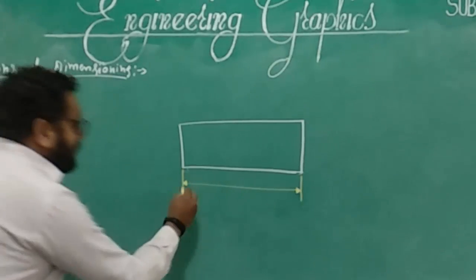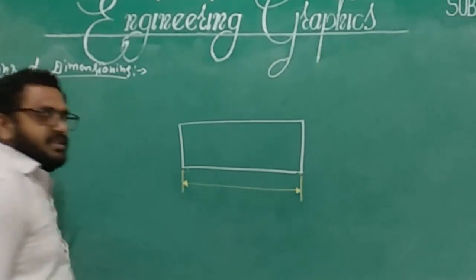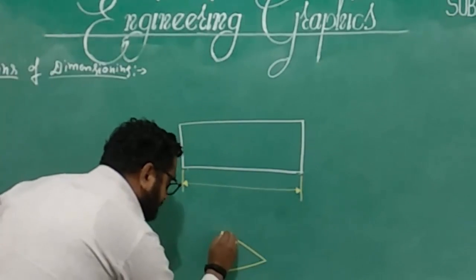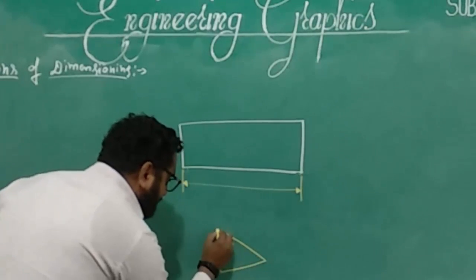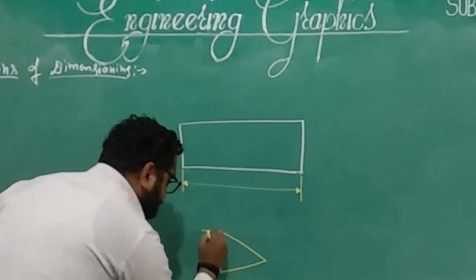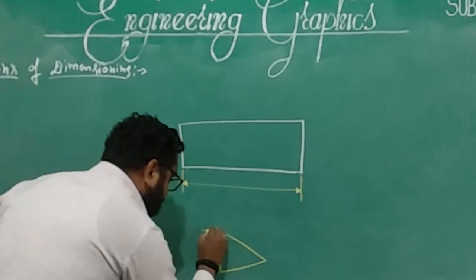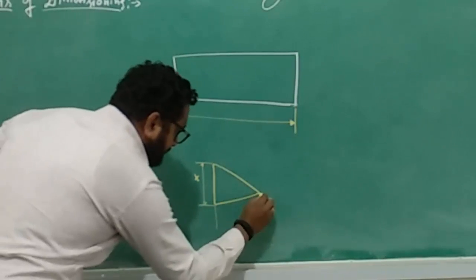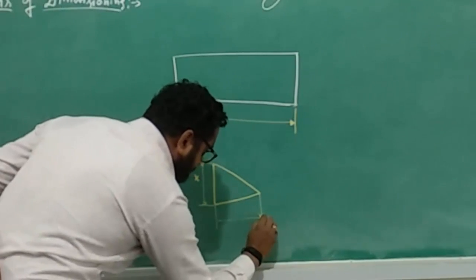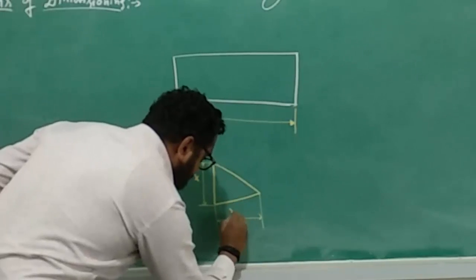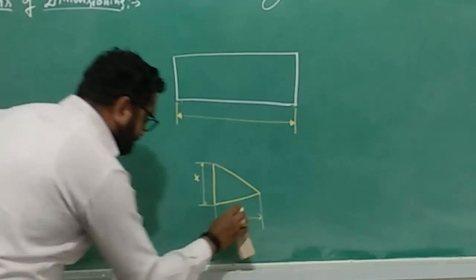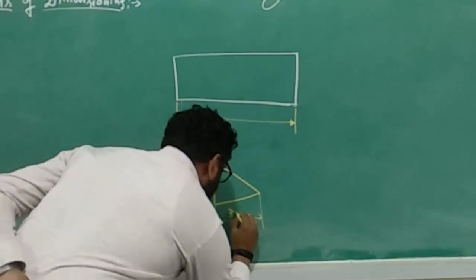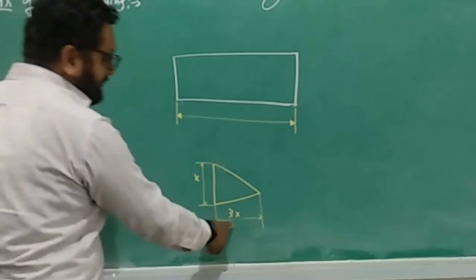Okay. While drawing the arrow edge, we need to follow 3:1. That means if you take the arrow edge, if you consider this width is x, the length should be 3x.